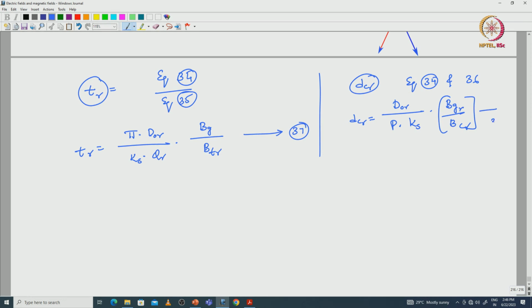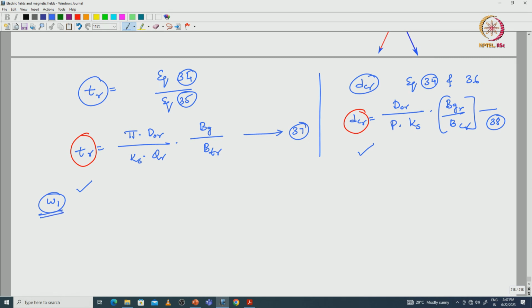This is equation number 38. So, from equation number 37 and 38 we can find the tooth width and depth of the back iron, and the remaining thing is the width of the rotor slots at the top and bottom.